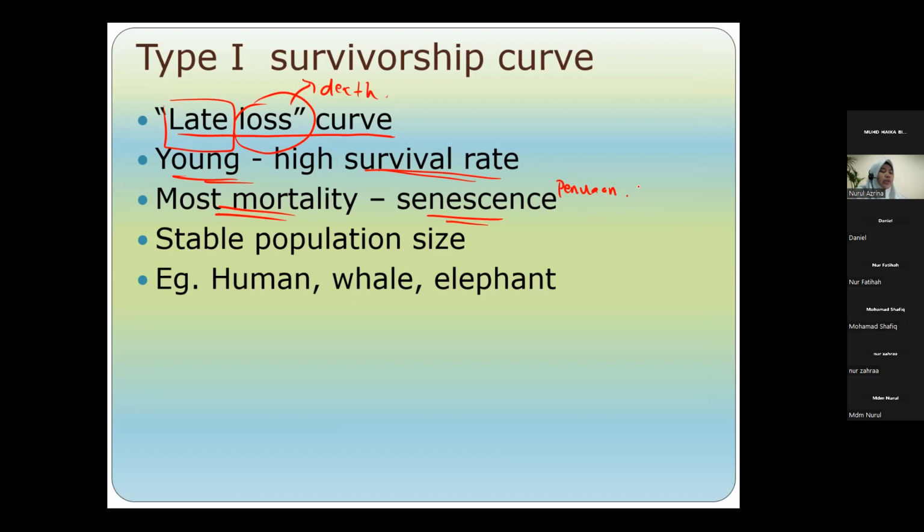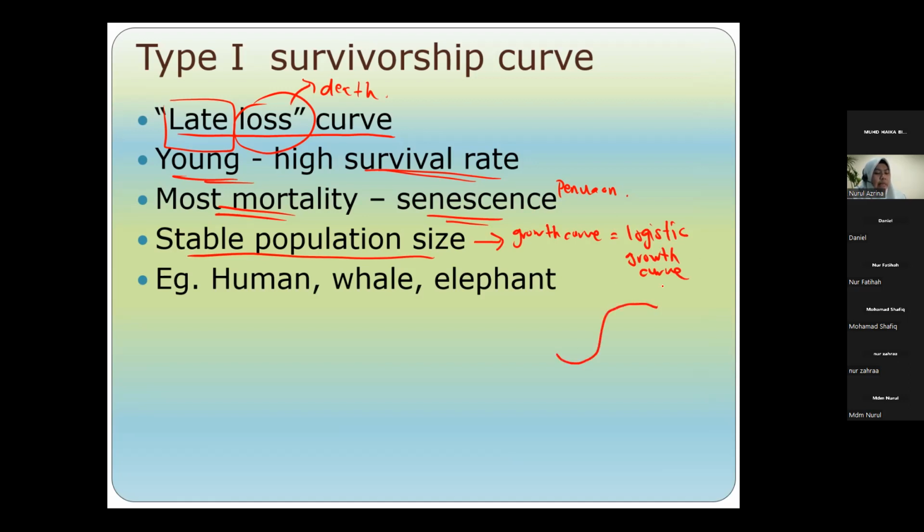Okay, right. So usually organisms that have type 1 survivorship curve living in stable population size. Okay, stable population size meaning that the growth curve is usually logistic growth curve. Ingat balik macam mana rupa logistic growth curve?